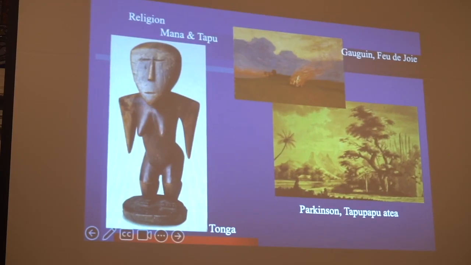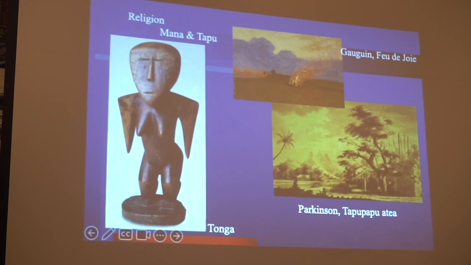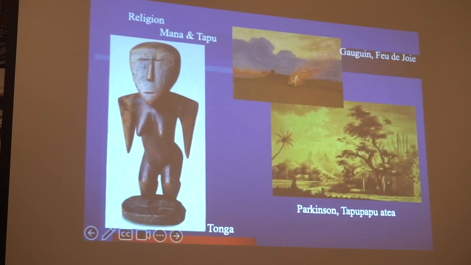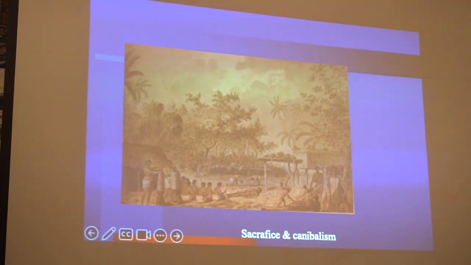It was taboo, or tapu is the word. And so there's sets of rules that govern people. They were governed by their social structure, and they were governed by their sets of religious beliefs. So it wasn't quite as free and easy a society as it seemed to the first Europeans that encountered it. They did practice human sacrifice as well as cannibalism.